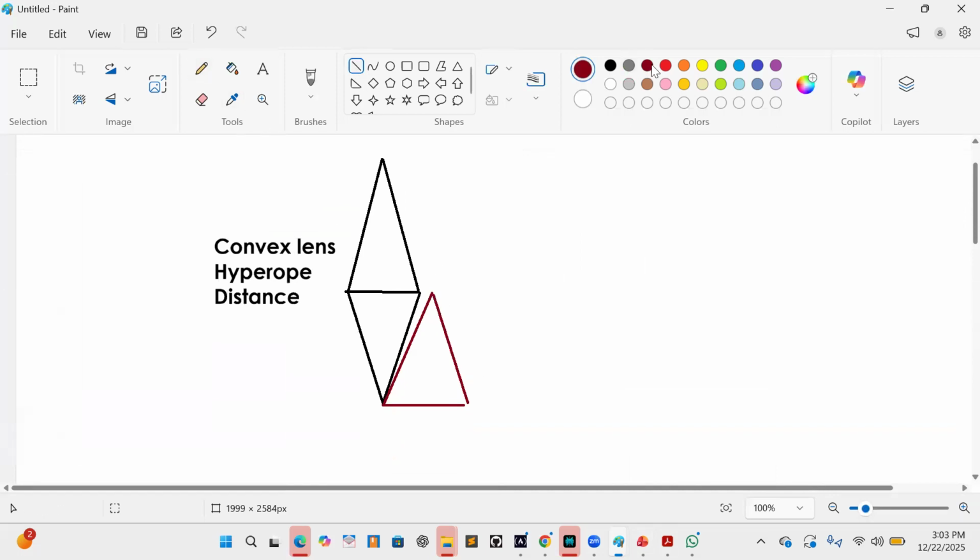Let's assume the ray is coming to the optical center, and then it just goes like that through the center. Then you look down, shifting your gaze from the distance. This is the distance. Don't forget that.